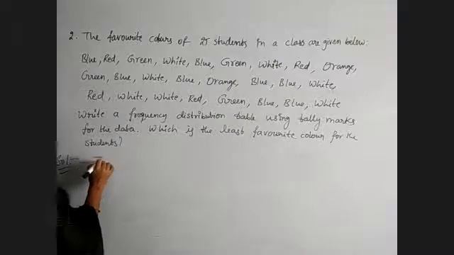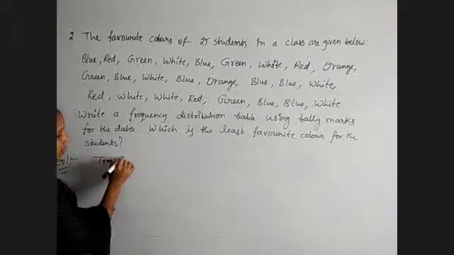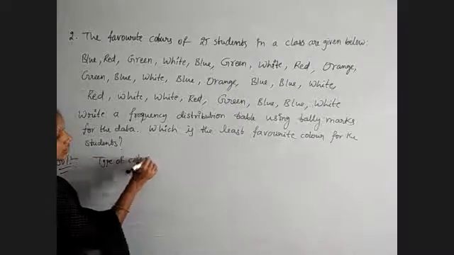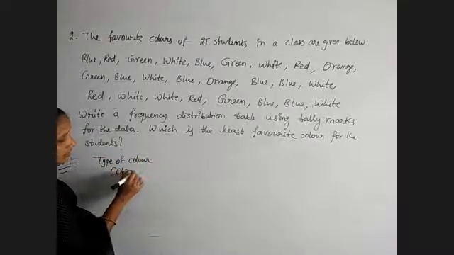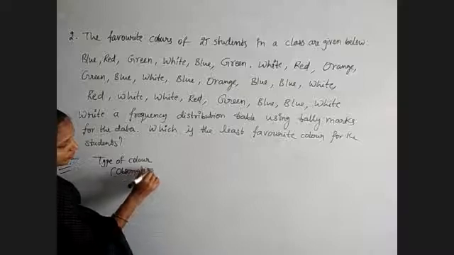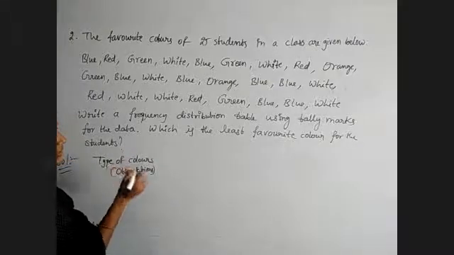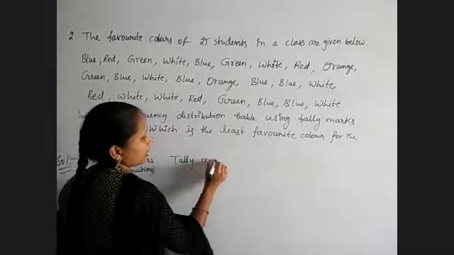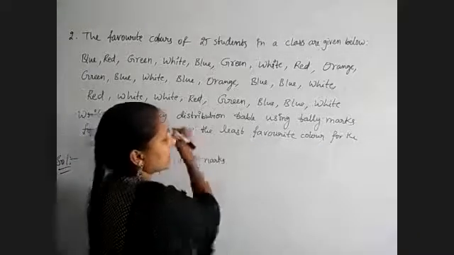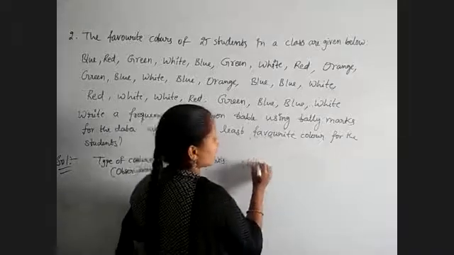So type of color is observation. Colors. Next column is for tally marks. And next, number of students liked that color.